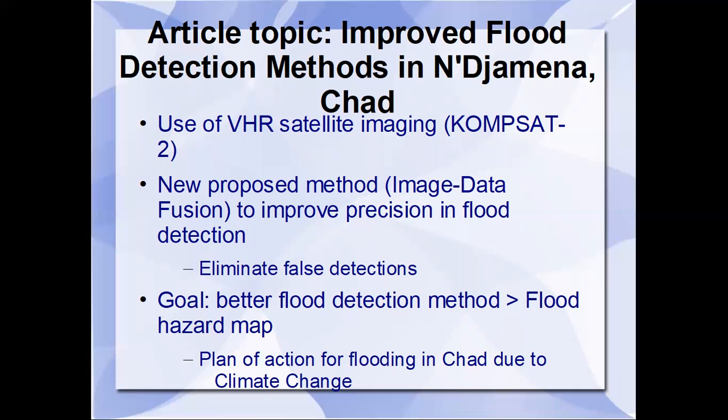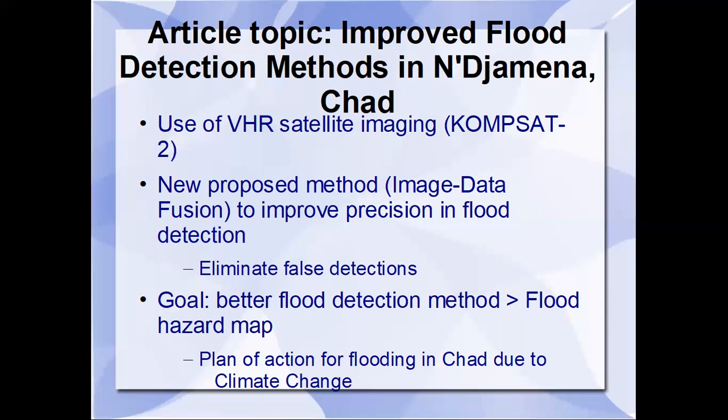So this new method proposed that it would not include changes that were not relevant to the subject that they were trying to achieve. They only wanted to focus on flood detection and not any other kind of change. This method also provided a better differentiation between flooded areas and permanent water bodies.